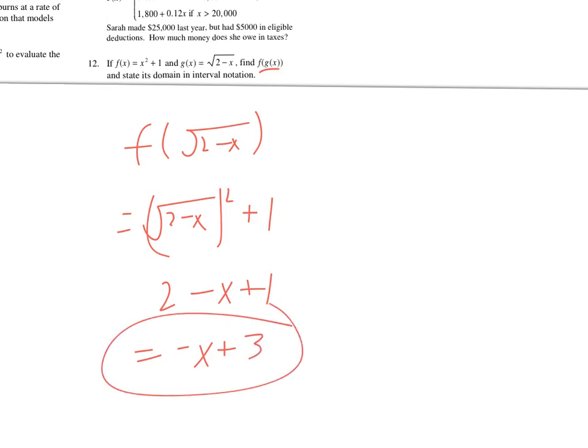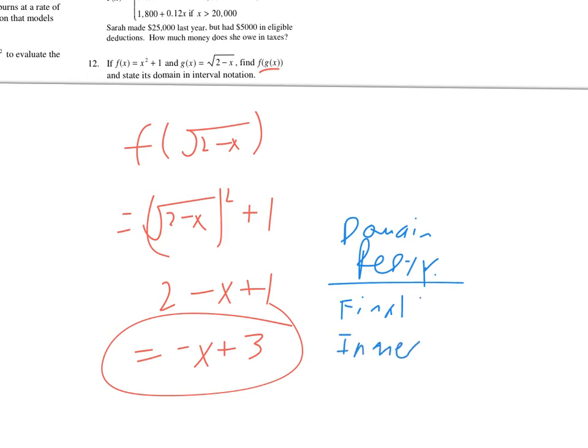Now, the domain is a little bit more complicated here because when I'm looking at domain restrictions, I need to take into account the final answer, but also the inner function. Now, for the final answer, I would say that there are no restrictions because there's no radicals nor denominators.